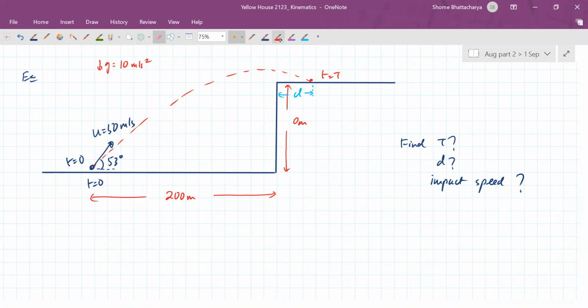Do one thing, take this height instead of this much, take it as 20 meters.